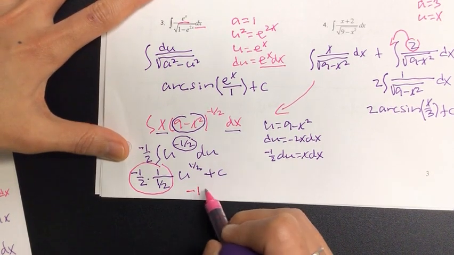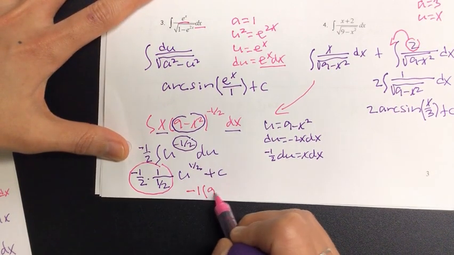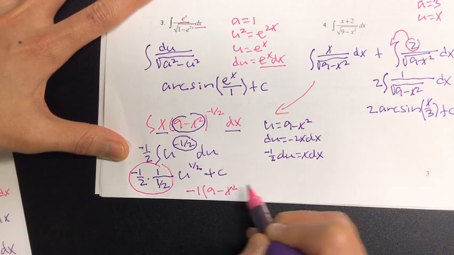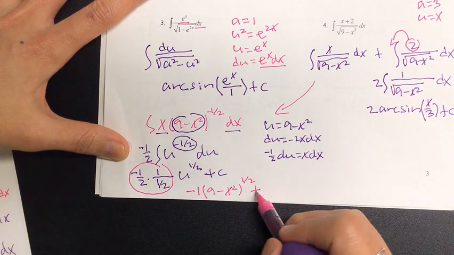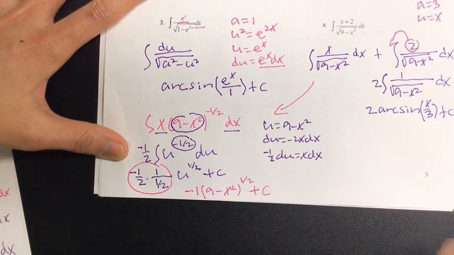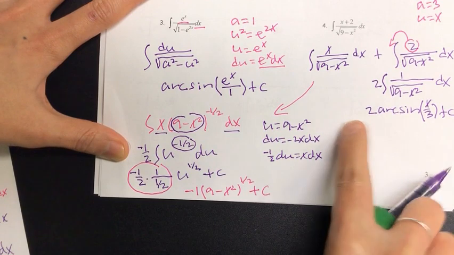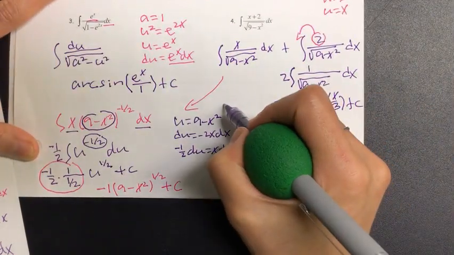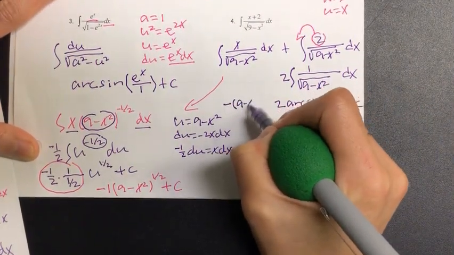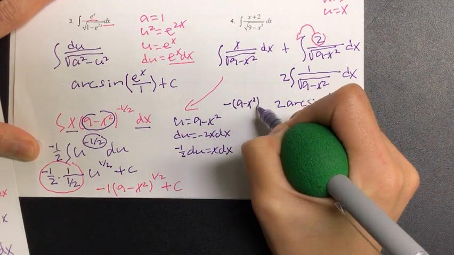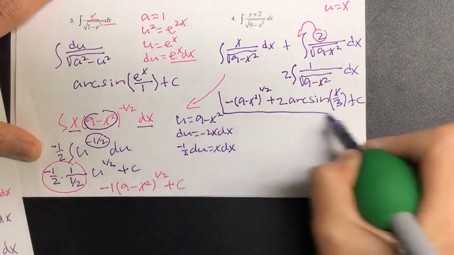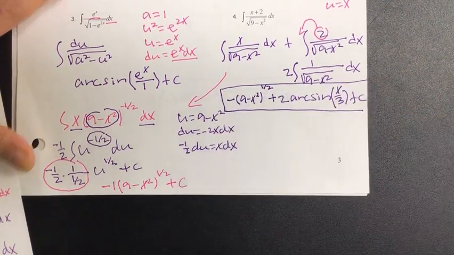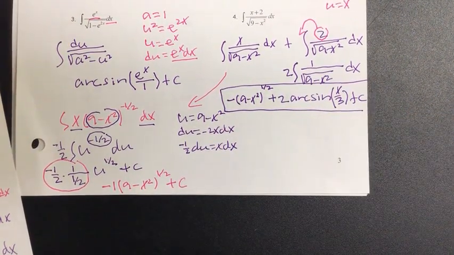So we have negative 1, and then for the u, when I plug in the 9 minus x squared, we'll get this piece. And again, if c makes you happy, add the c. That is going to go in front. So let's copy that right here. Negative of that quantity. There we go. And that is our final answer. So again, essentially it's 2 different problems.